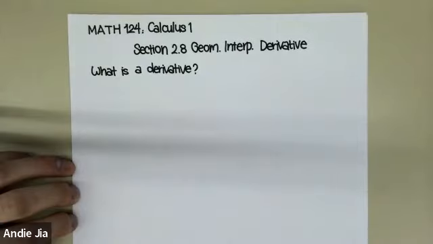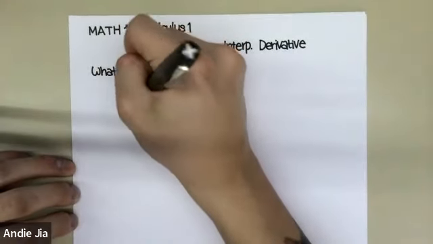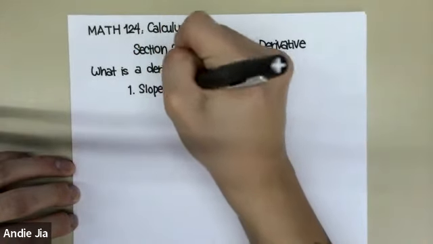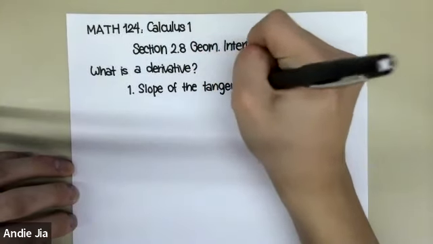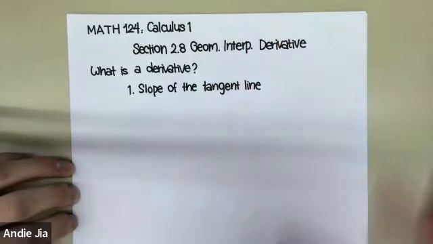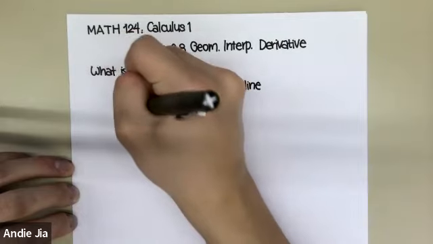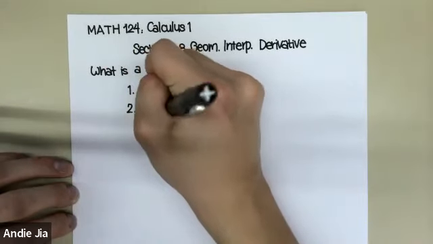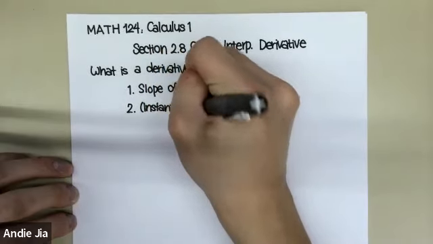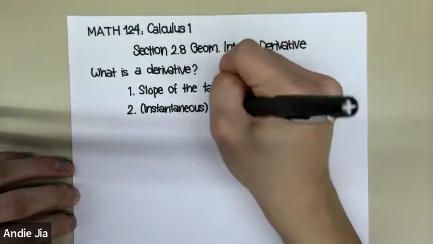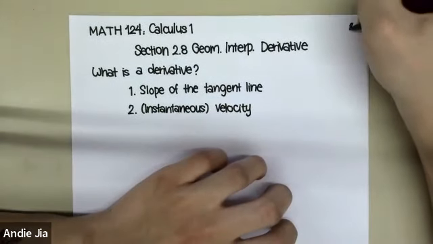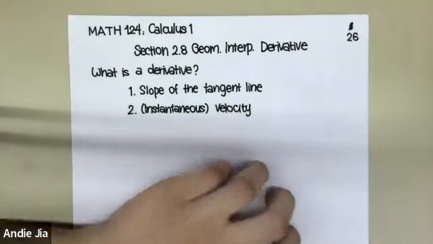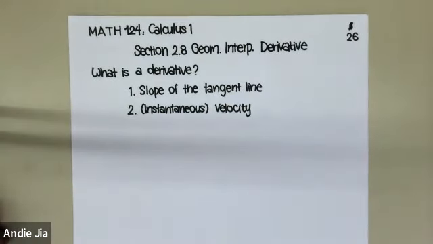The derivative is like the slope of the tangent line, or the instantaneous velocity, and that's also the instantaneous rate of change.